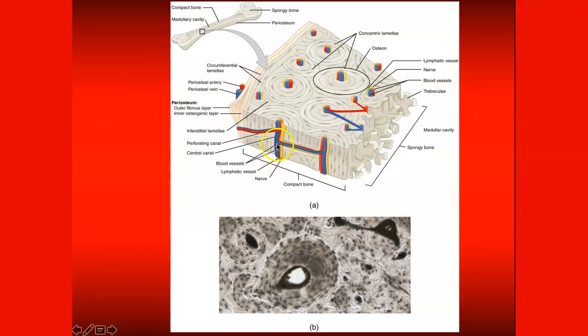So you can see as it branches off at this right angle, this would be a perforating or a Volkmann's canal. You could see that here labeled perforating canal as it goes at a right angle to our Haversian canal. So Haversian canals are also known as central canals because they're central, and our perforating canals are also known as Volkmann's canals.